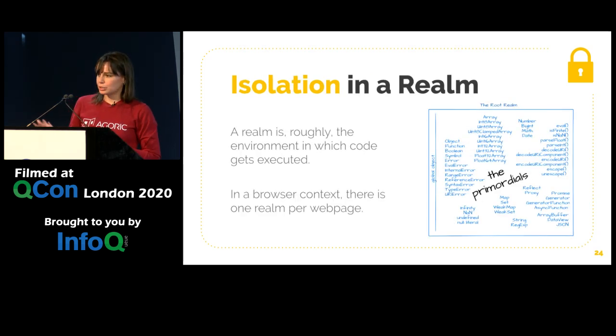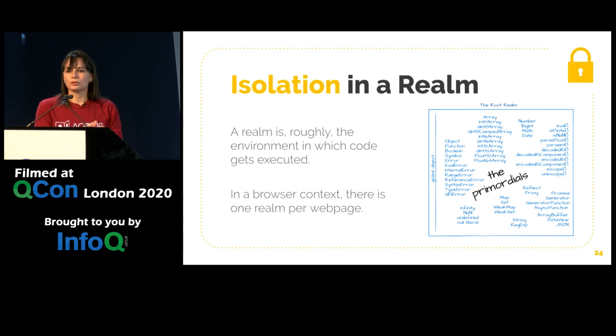So as I mentioned earlier in the panel discussion, JavaScript already has the concept of a realm. It's not very widely known, but the realm is in the spec. But basically a realm is the environment in which code gets executed. So each web page is its own realm. And code that executes on one web page can't necessarily affect the code that executes in another.